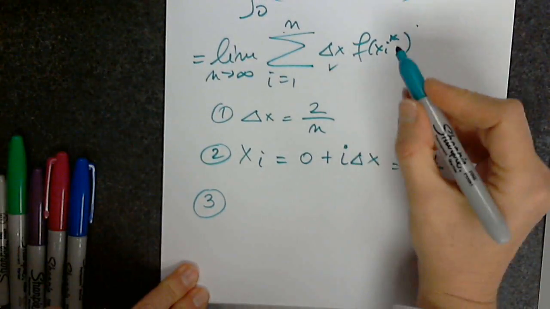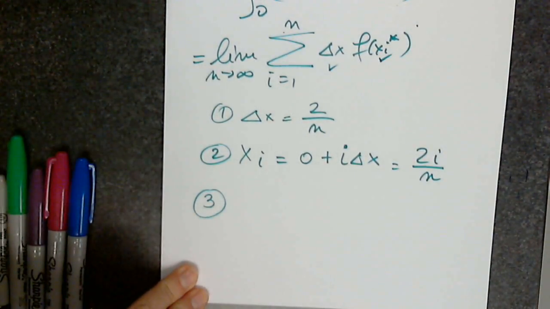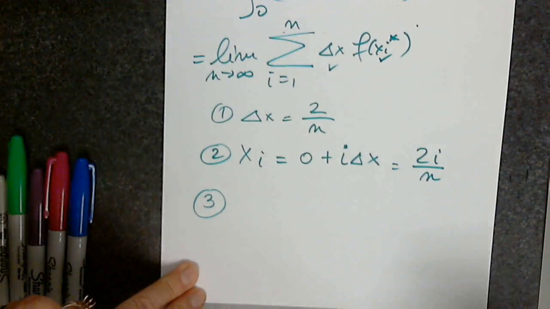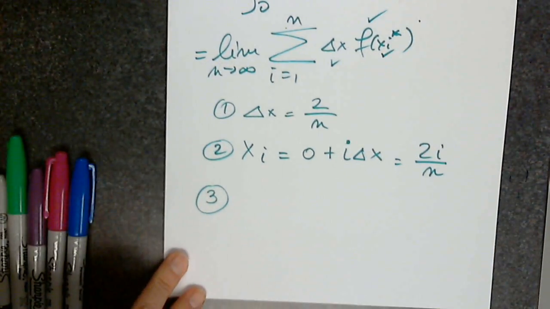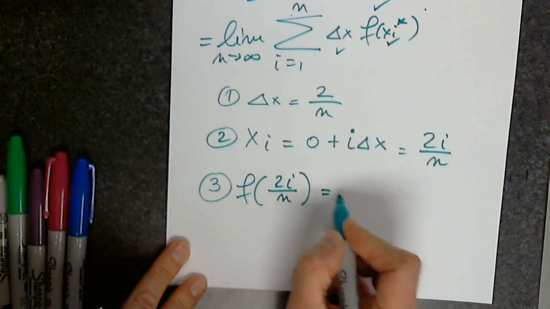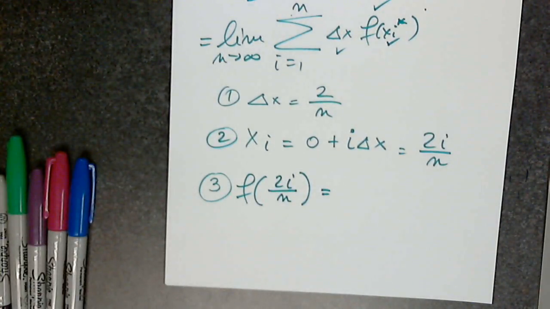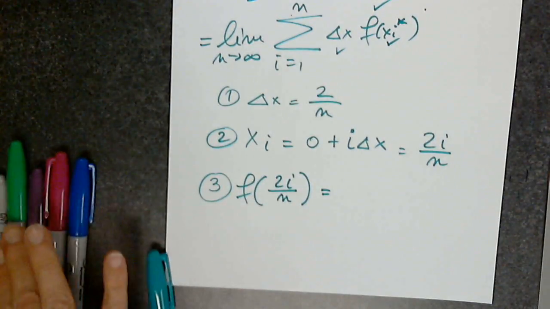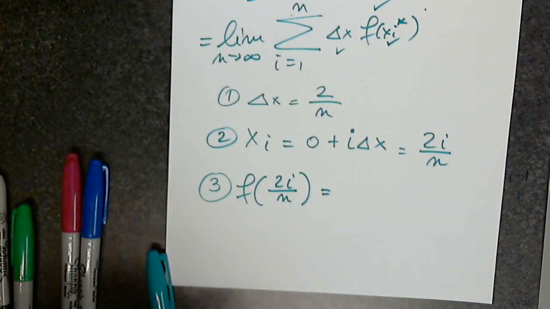Awesome. Number 3. What is the third prep? So I have this, the inside of the function. What is the next step? Exactly, I need f of 2i over n. So I go back to the function, and can anyone dictate what to write?